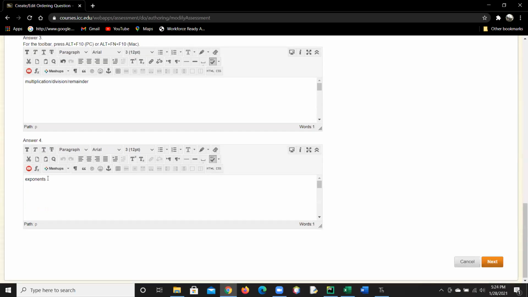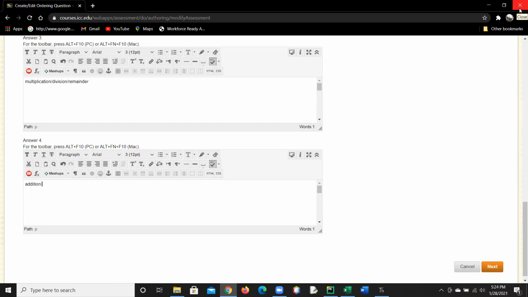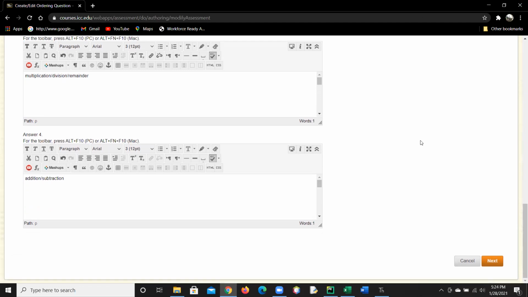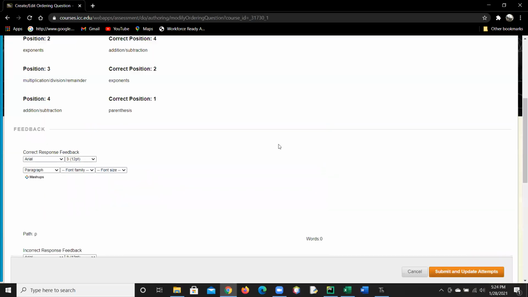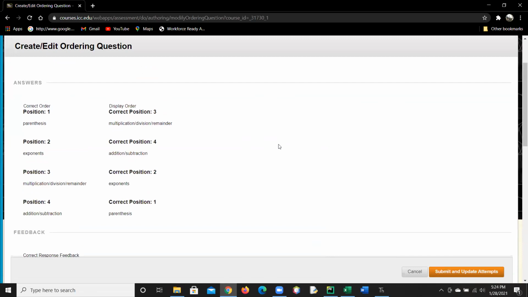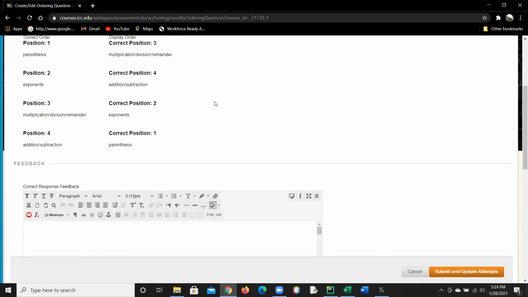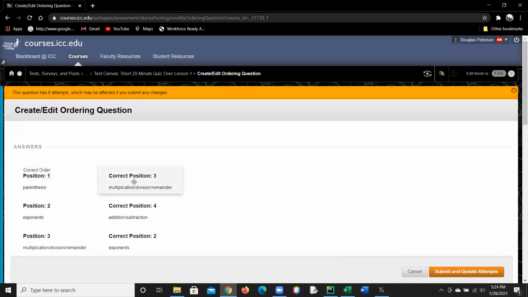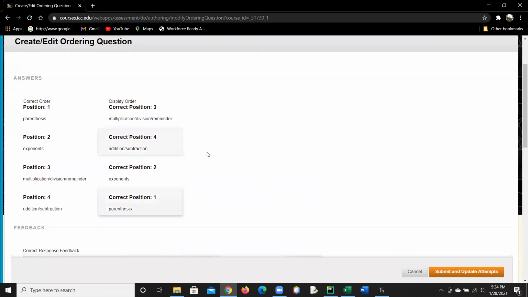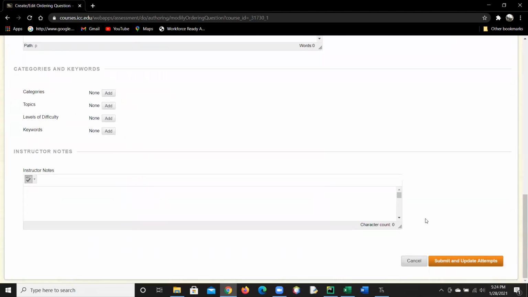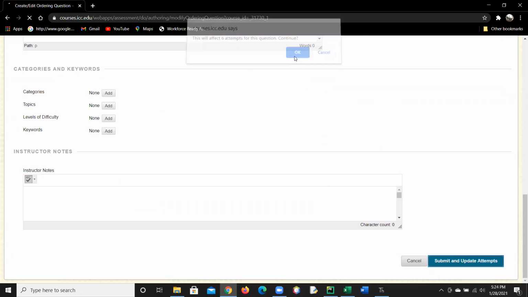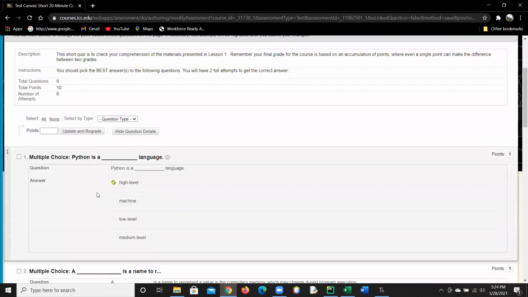And then the next one down would have been addition, subtraction. All right, and then I guess that's right. Position 1, correct positions 3. Okay, I guess it does them that way. Okay. This will affect 6 attempts. Okay. There we go.